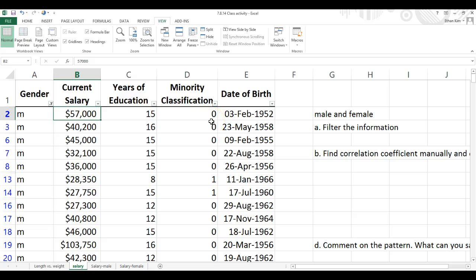So although there is a weak positive correlation between the years of education and current salary, there might also be other lurking variables that might be affecting the data and the result. Those are minority classification and also the gender, although we factored it into account. We have to mention that, and that's more important than the numbers that we're giving. We have to make sure we cover all the variables that are not covered in our report.